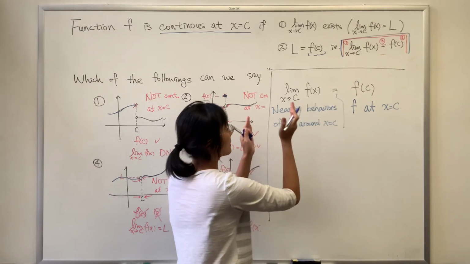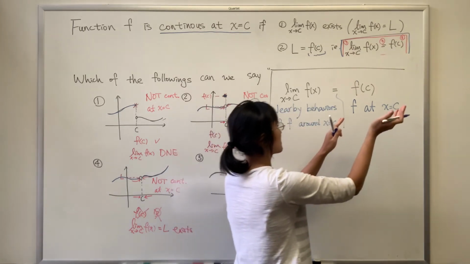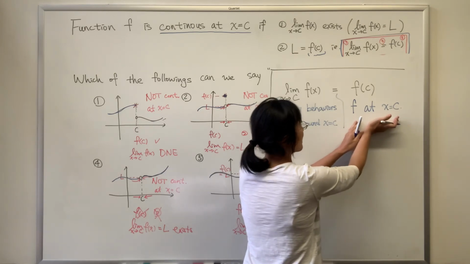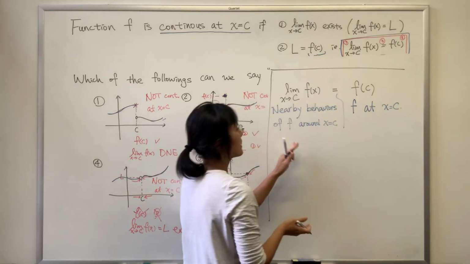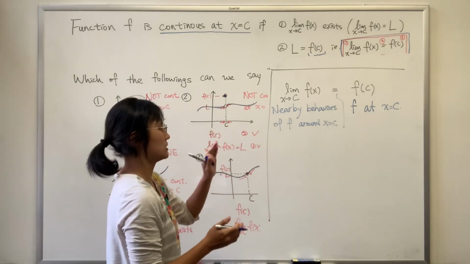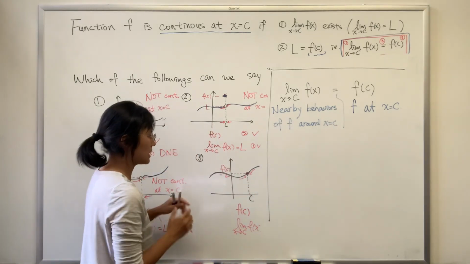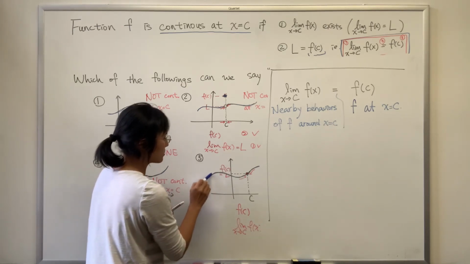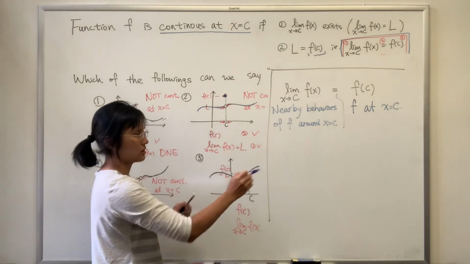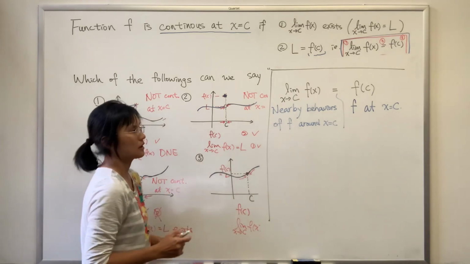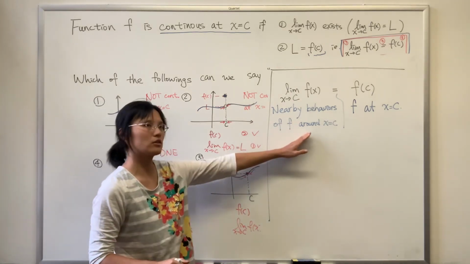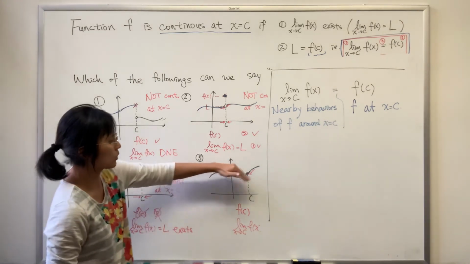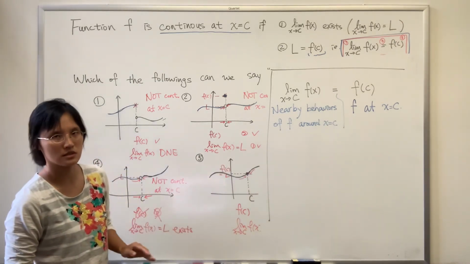And only when the nearby behaviors match what happens at x equals c, then you say the function is continuous at c. And on the graph, what you see is you can travel continuously along the curve without any interruptions. So that is the rigorous mathematical definition, and the intuitive way to see whether f is continuous at c.